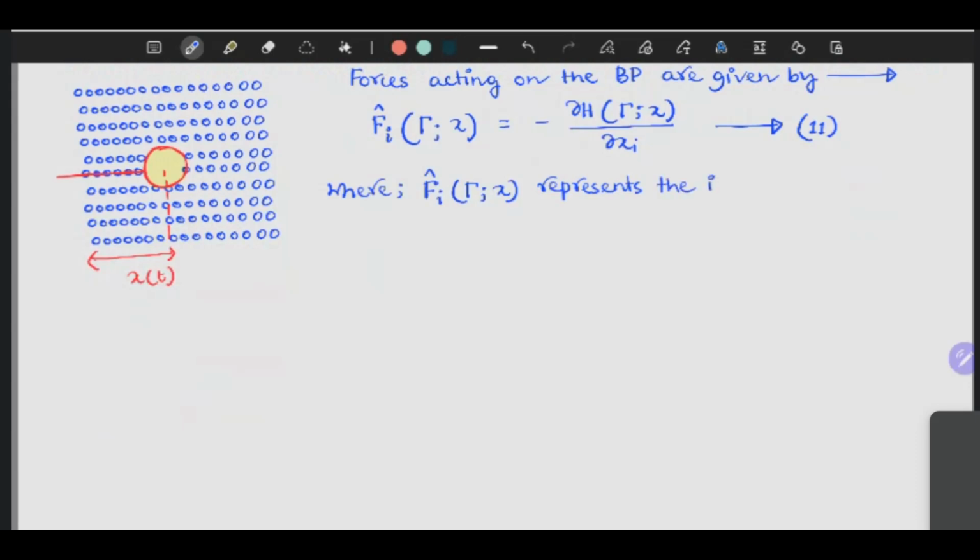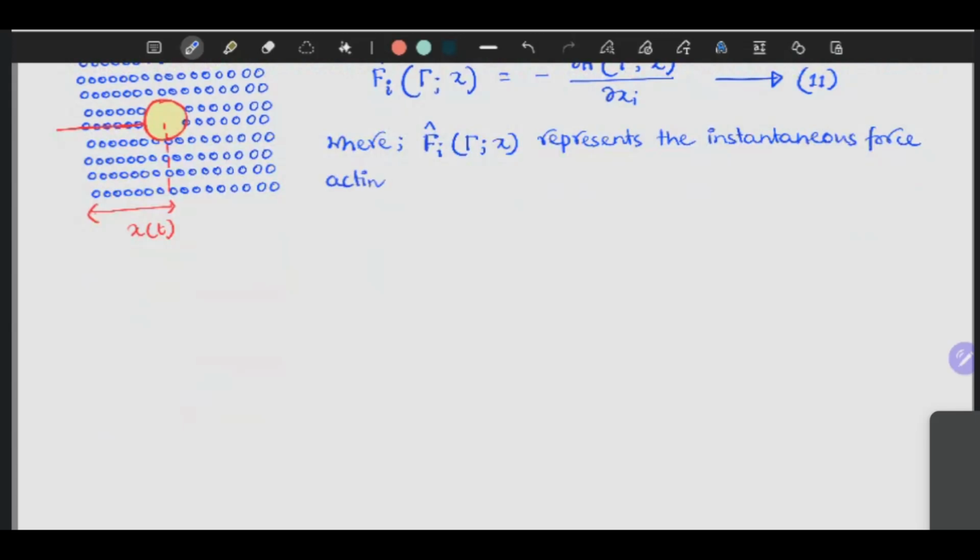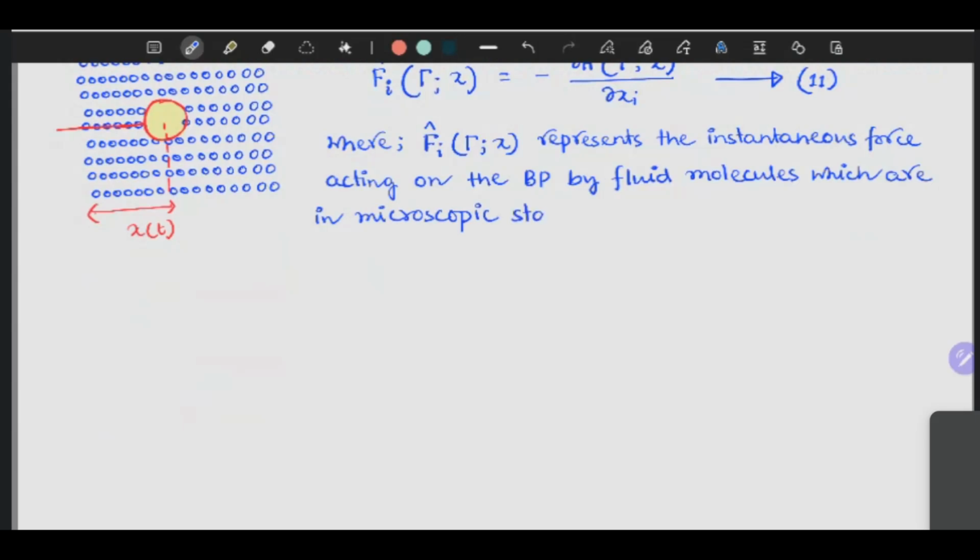the instantaneous force acting on the Brownian particle, which we denote by f, by fluid molecules which are in a microscopic state, because they are changing very fast.